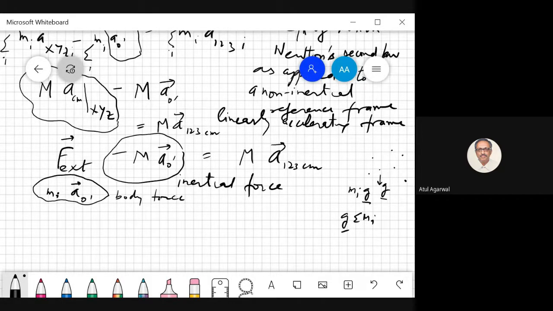Now here you see this acceleration of the origin is a constant, because your body is translating with the acceleration given to the center of mass. The entire body has the same acceleration, and you have fixed the reference frame to that moving origin. So when you analyze, you say each particle has this inertial force. So the total inertial force on the body is minus m a_O prime, and this way you can see what is happening to the acceleration of the center of mass.